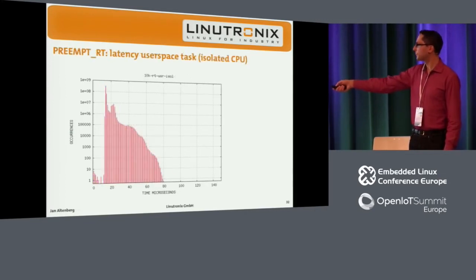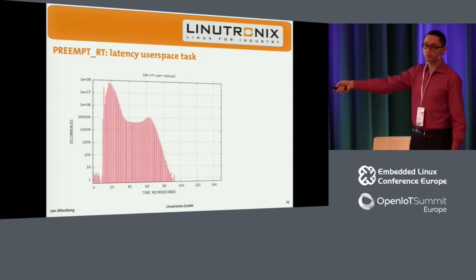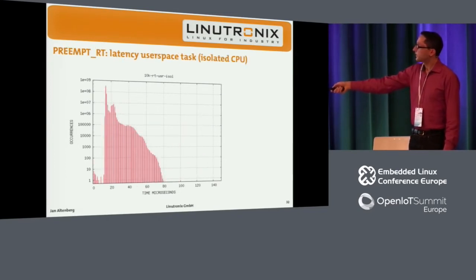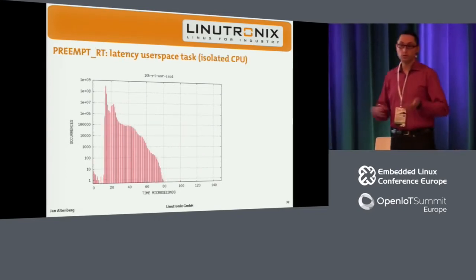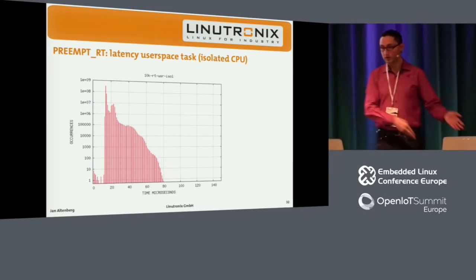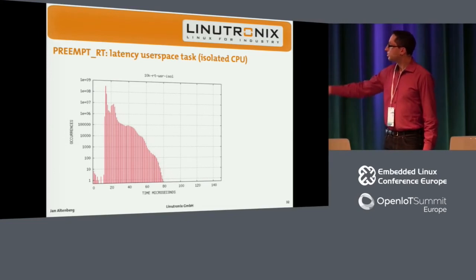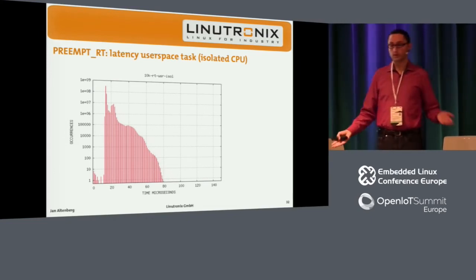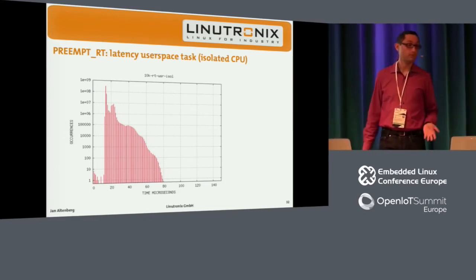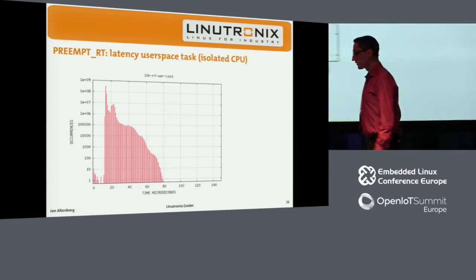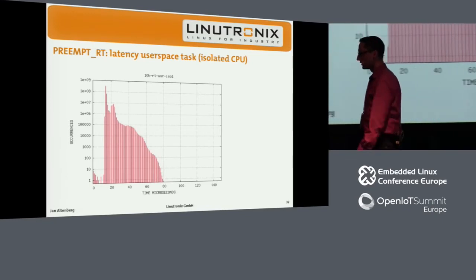You can see it gets slightly better, from 90 to 80 microseconds. But you don't hit a specific worst case because it's running on a different CPU. This is done pretty often in real-time systems, that you isolate a specific core for specific tasks. Since it was a standard Linux use case, it was quite easy to isolate this core.